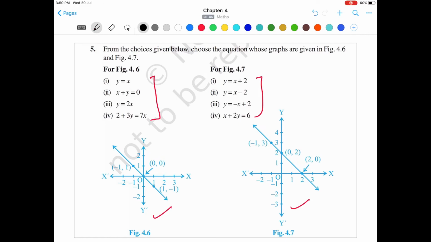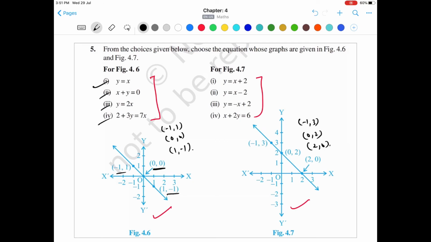So what we have to do here is we will first note down the solutions. The solutions of this graph are -1 and 1, 0 and 0, and 1 and -1. On this one the solutions are -1, 3, 0, 2, and 2, 0.